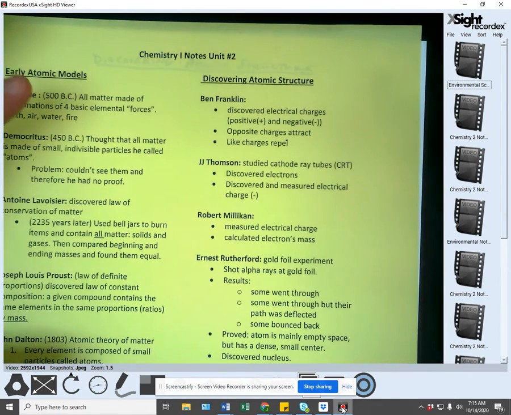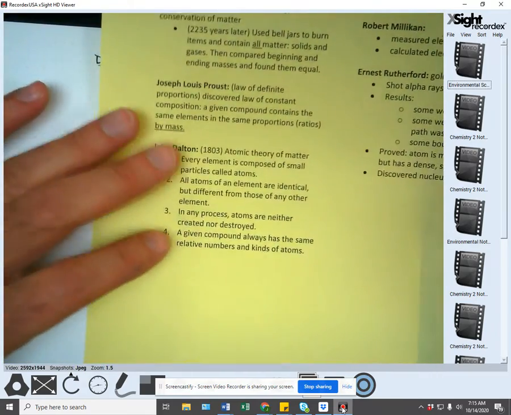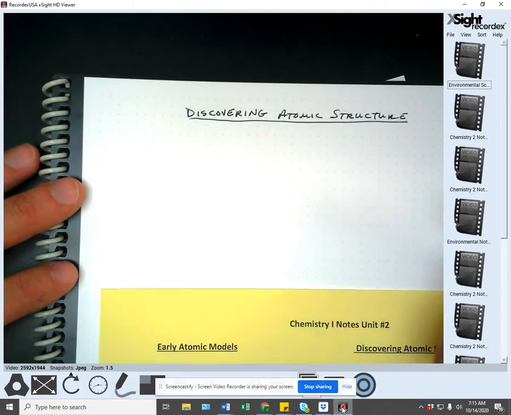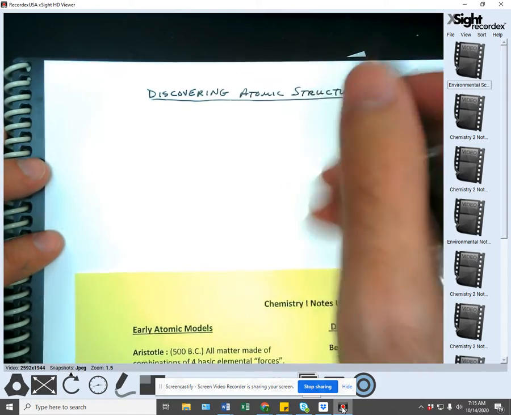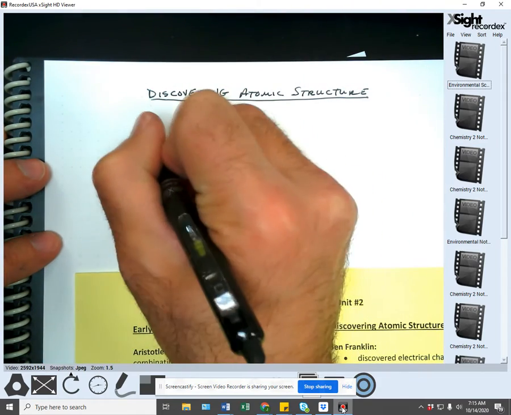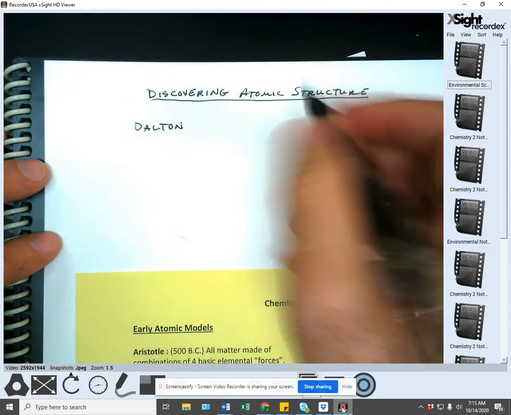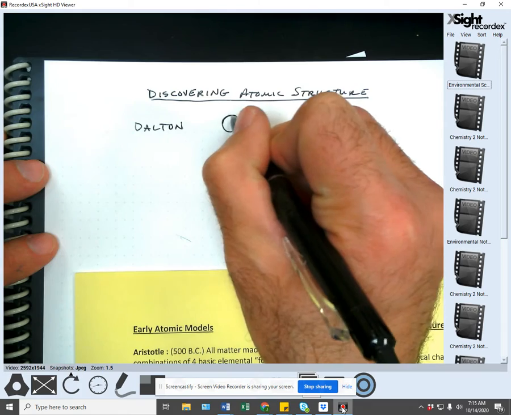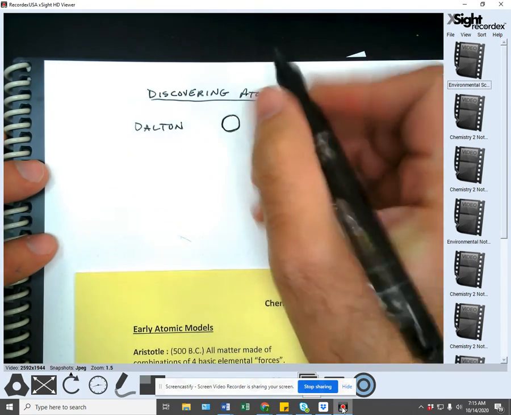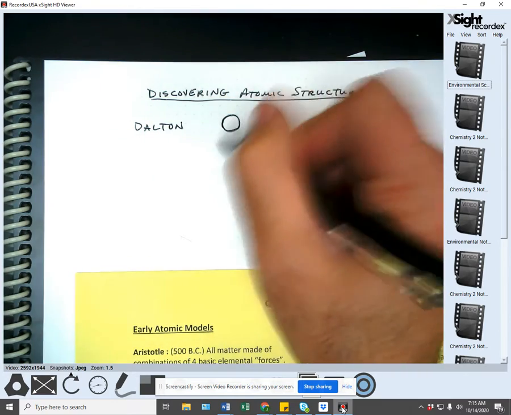Okay, so actually, let's start with this. Let's go back to Dalton for a second. After Dalton in 1803, the idea of what an atom was is like this. The idea of the atom is sort of just a round, indivisible ball.